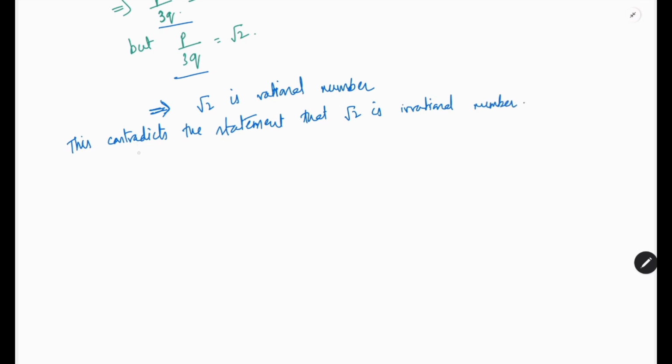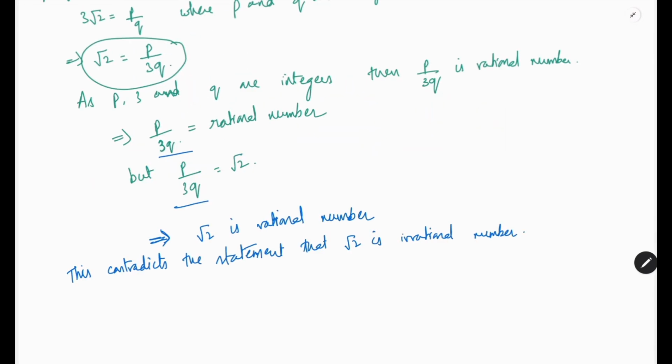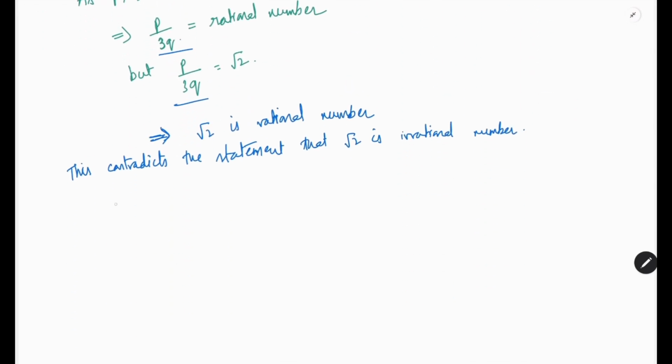So this contradiction has arisen due to our wrong assumption. Therefore, our assumption is wrong. Therefore, 3 root 2 is an irrational number. Okay.